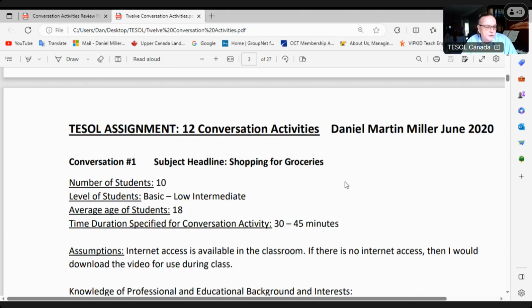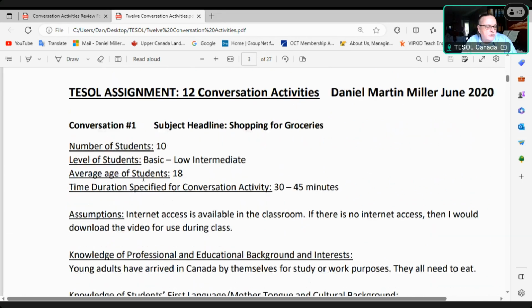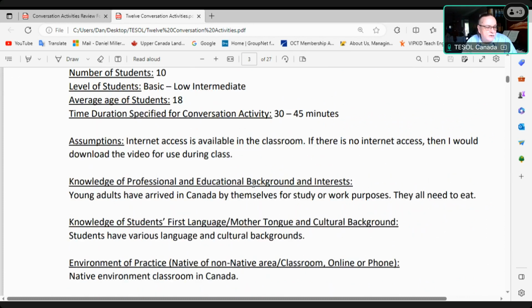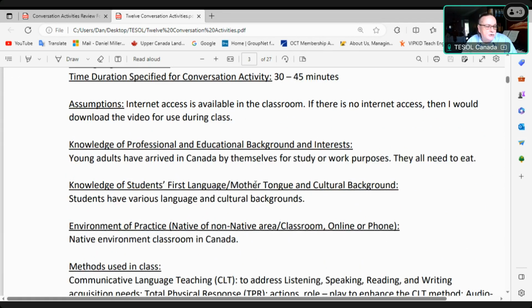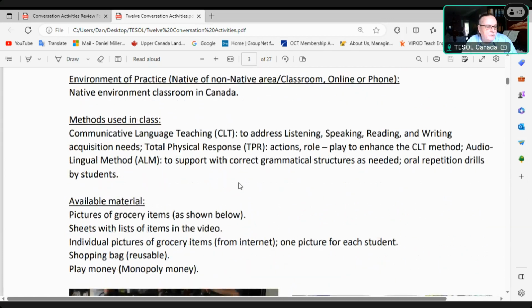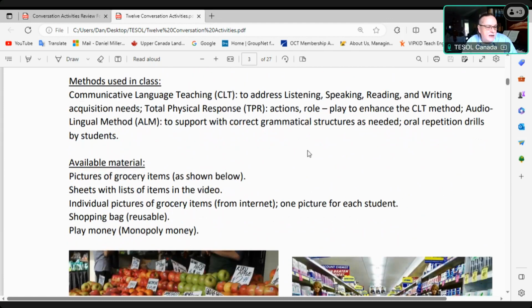So here in my first conversation activity, it's about shopping for groceries. So you see here, I've got the number of students, the level of their students, basic to low intermediate, average age, length of my classroom. I've got all these details that the Canvas platform wanted us to put together. I've identified the methods that I'll use in the class.